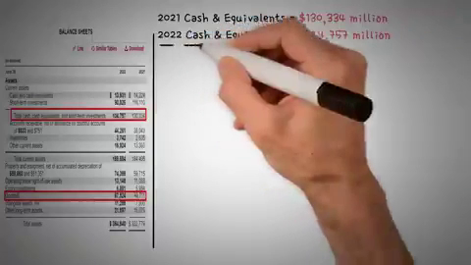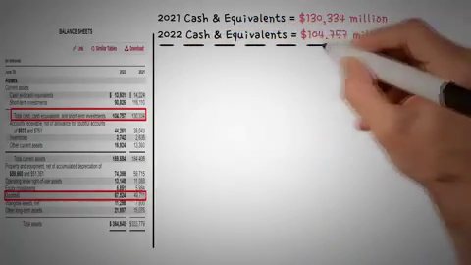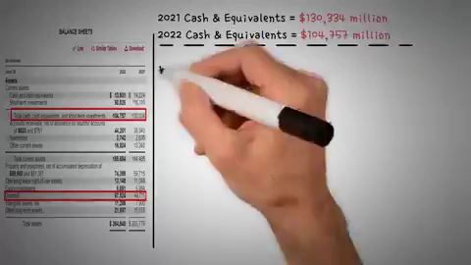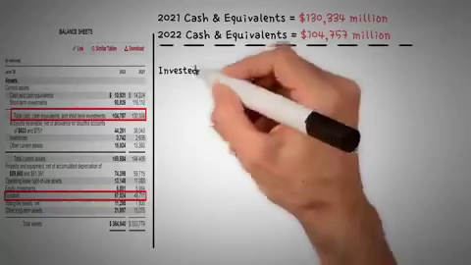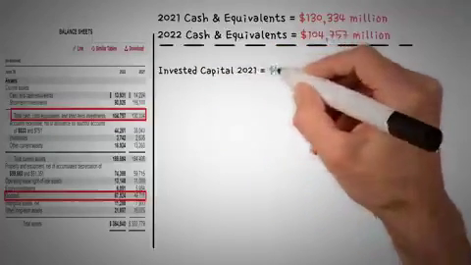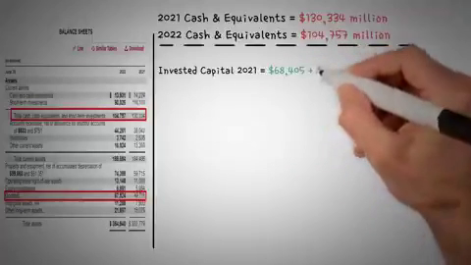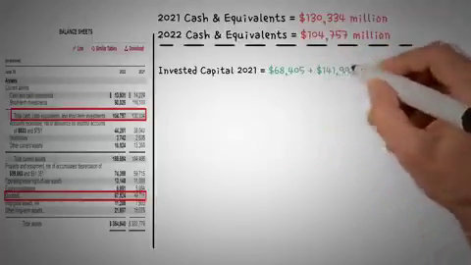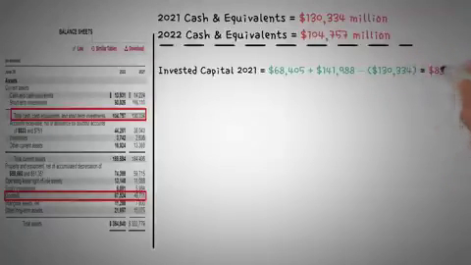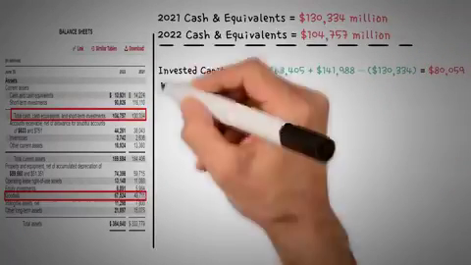Now that we have all our numbers, we can calculate the invested capital for Microsoft for 2021 and 2022. Invested capital 2021 equals $68,405,000 plus $141,988,000 minus $130,334,000 equaling $80,059,000.